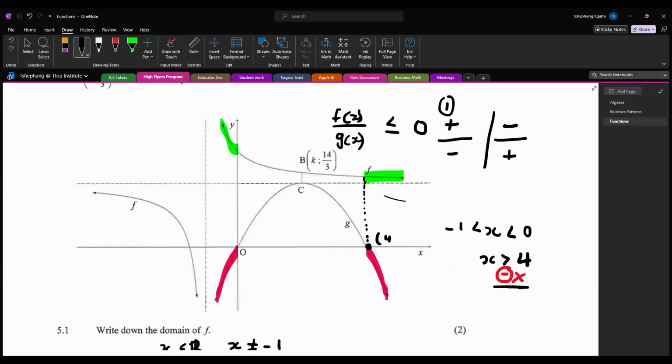Okay. Now we're done with f of x being positive and g of x being negative. Now we need the other way around, where f is negative and g is positive.